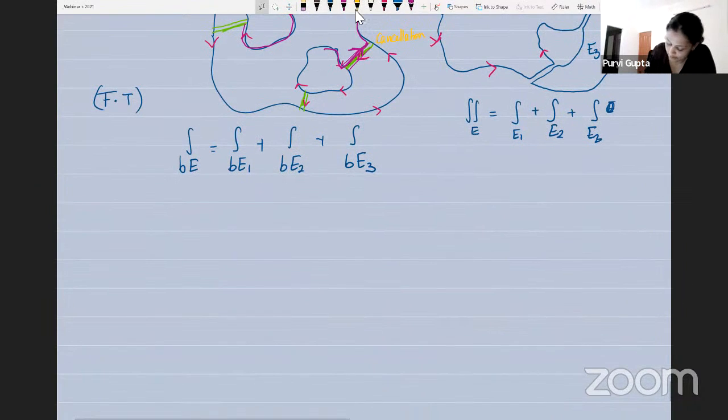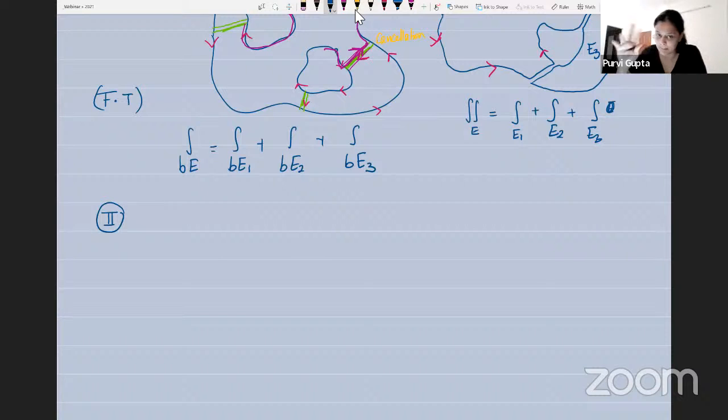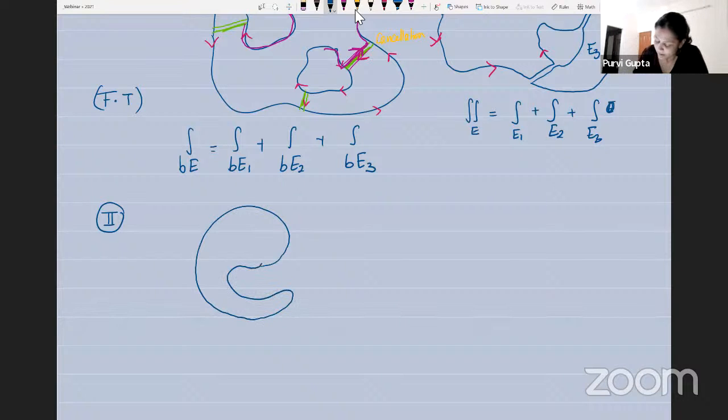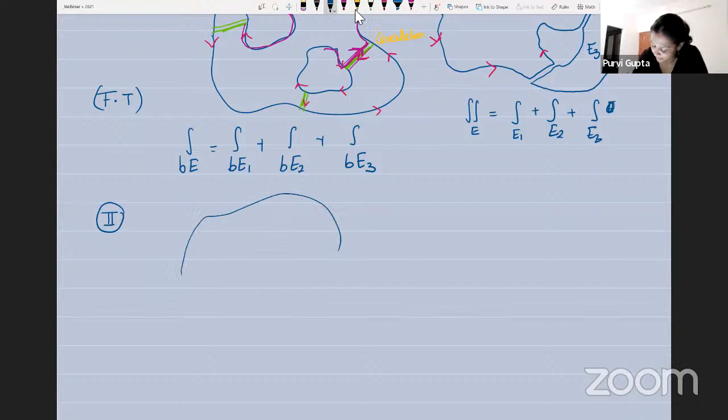The second reduction is to do the following. So this is a two step procedure. So let me for the moment just take something like a bean or something like that. Doesn't matter. Or maybe let me take a shape that we already have. I don't want to expand on this point too much, but the idea is that we are going to start looking at regions of the following type.